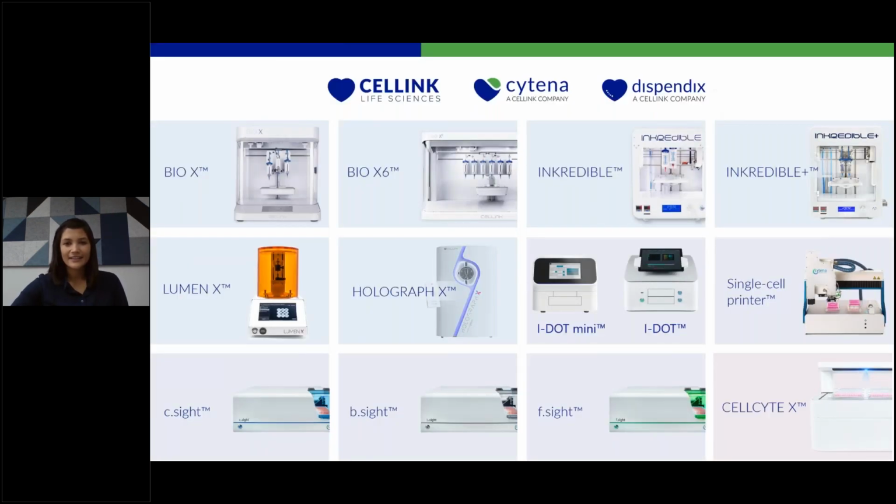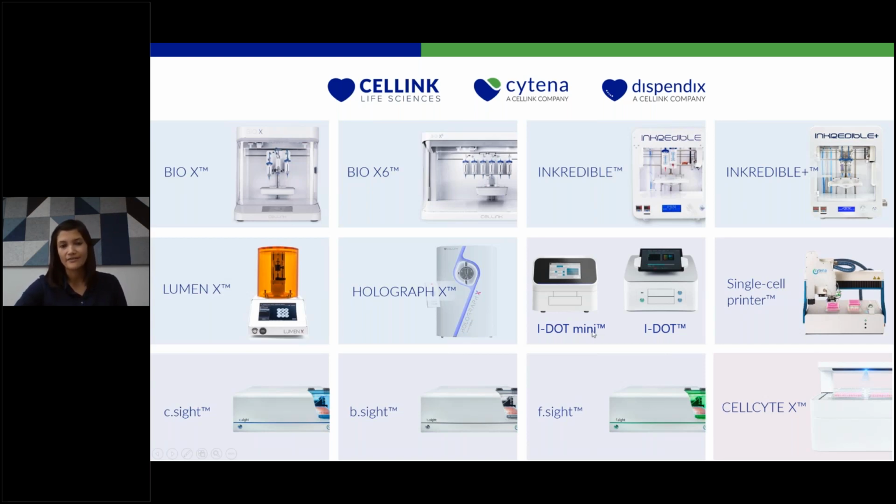And here you can actually see some of the products we have. So you can see that CellLink quite covers a huge field of applications. So starting from bioprinters up here, so the BioAccess, the Incredibles, then we have the LumenX, HolographiX.